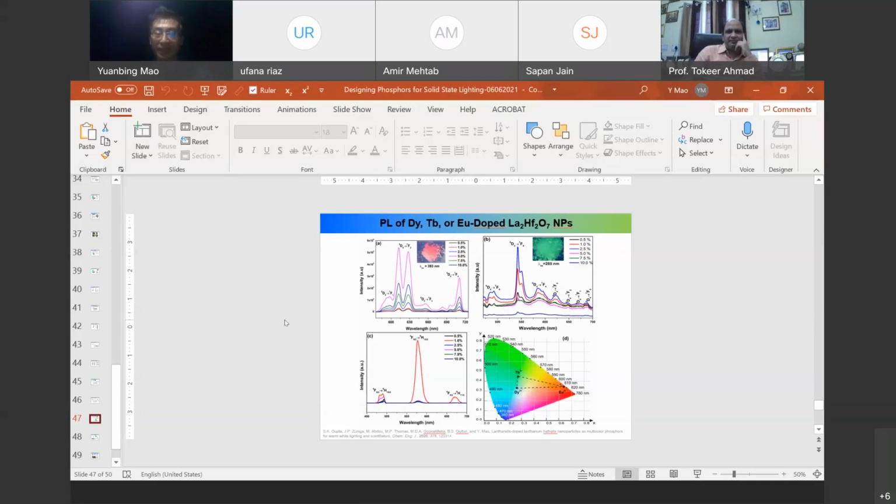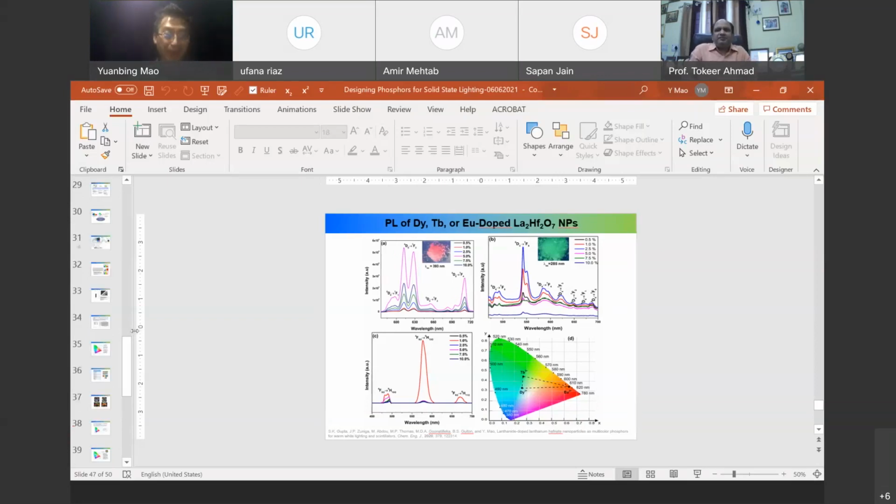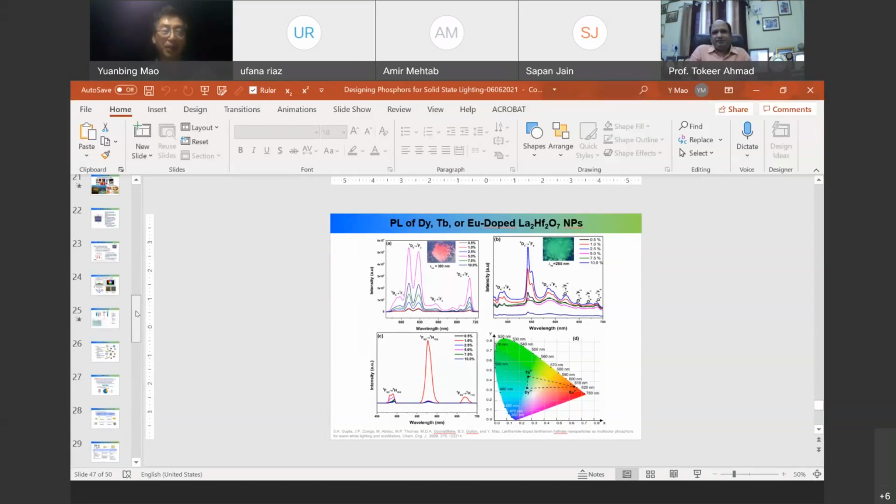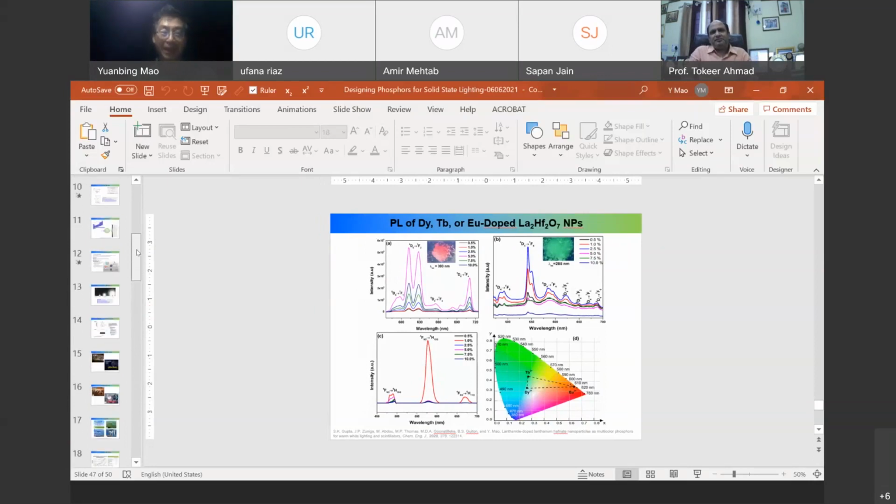But with this combination, it gives us very good white light, warm white light. Why is the transfer of electrons from excited to metastable state non-radiative? I don't think I said that, but most of the time they will always be non-radiative processes. The most important thing for us in designing phosphors is to minimize that.